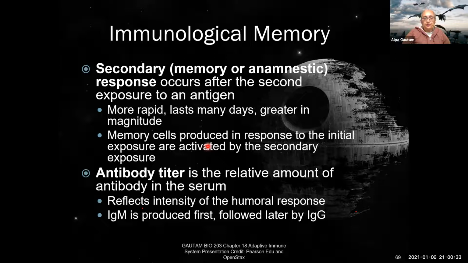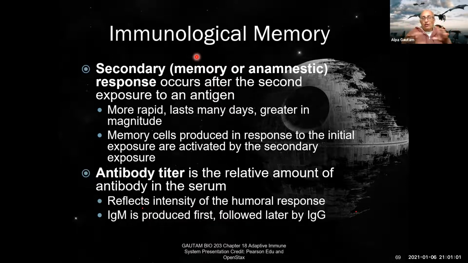So, immunological memory. Remember what we said all along, right? APC cells, when they interact with T cells, you have co-stimulation, and the T cell goes through proliferation and differentiation, and that creates memory, right? The proliferation at first produces two different groups of T cells, memory cells and effector cells.